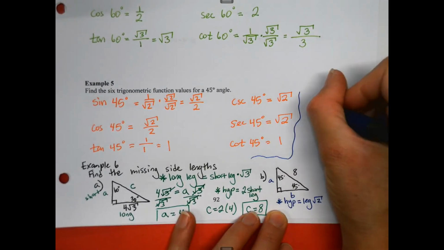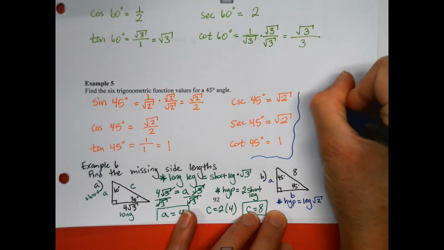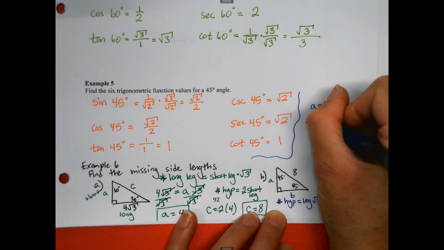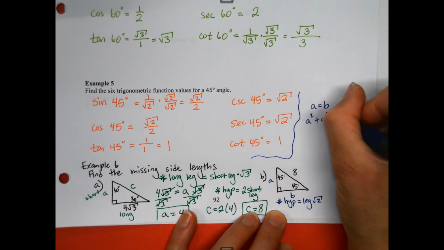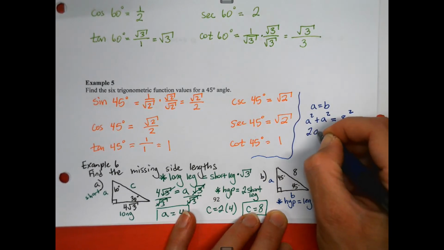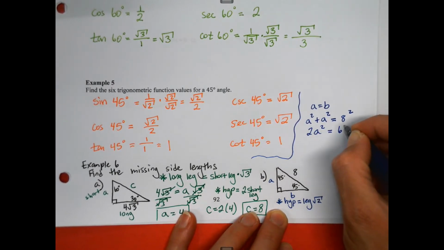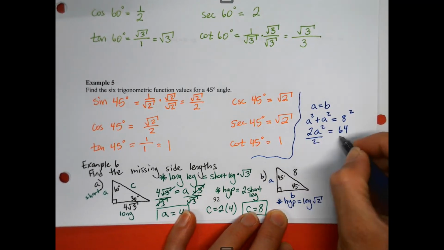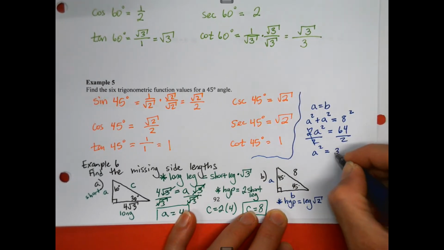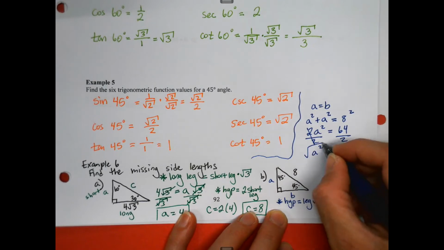So we know that A is equal to B. So I'm going to rewrite this as A squared plus A squared is equal to 8 squared. Or 2A squared is equal to 64. If we divide by 2, we get that A squared is equal to 32, and take the square root.